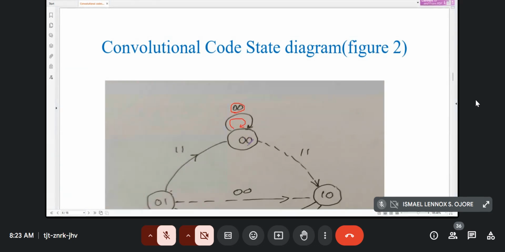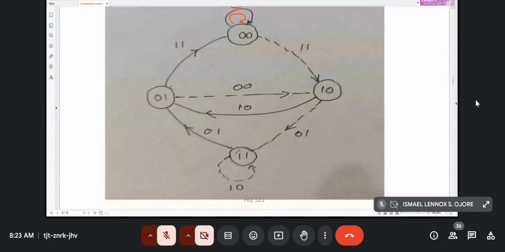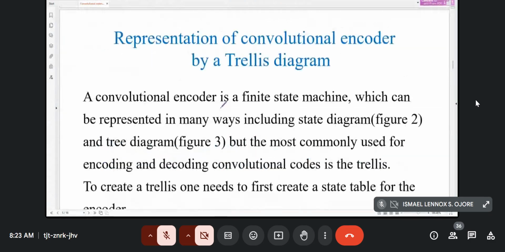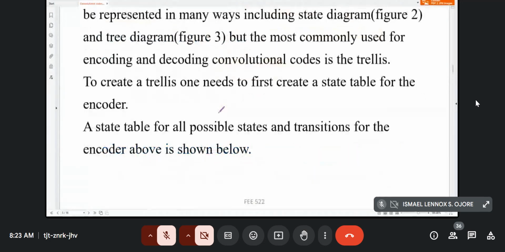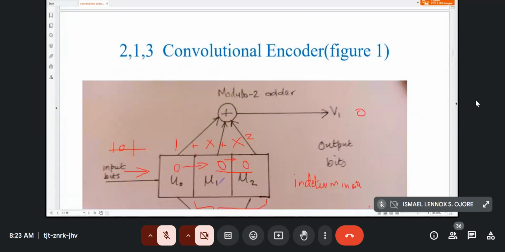So that is if the state is 0, 0. What about if the state is 0, 1? If the state is 0, 1, and then your input is 0, so this is the state.